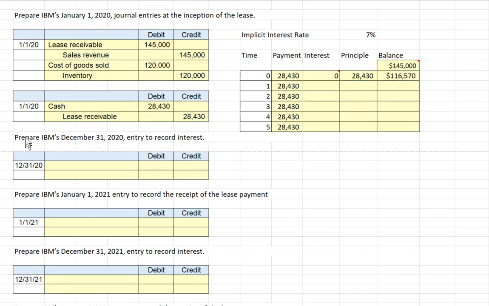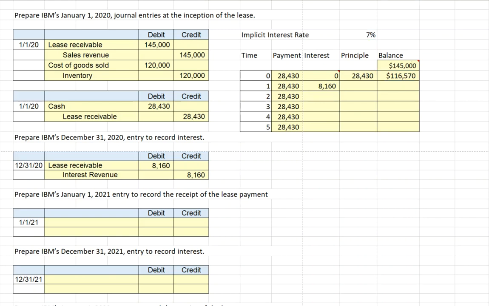On December 31st, 2020, we need to record an accrual at year end for interest receivable. We will credit our interest revenue for $8,160 and debit the lease receivable. That's the carrying balance on the loan times 7%. And again, that's the prior period balance of $116,570 times 7%.